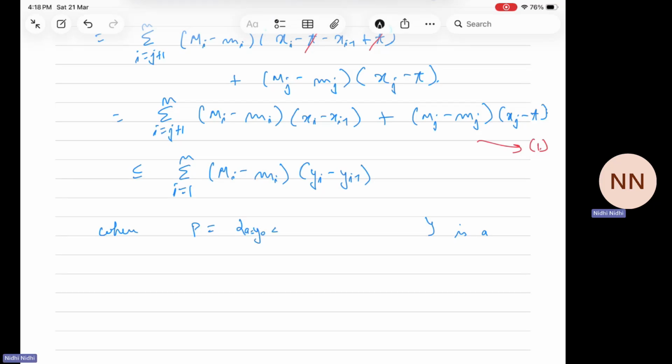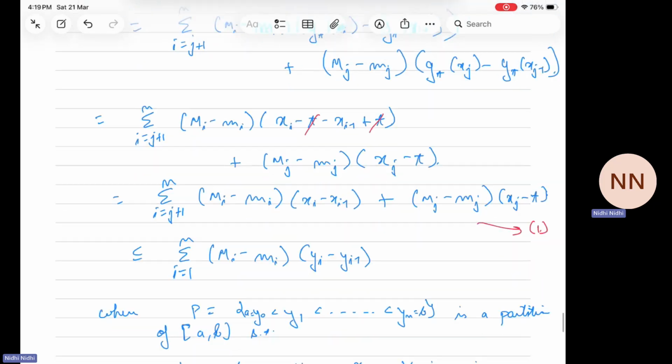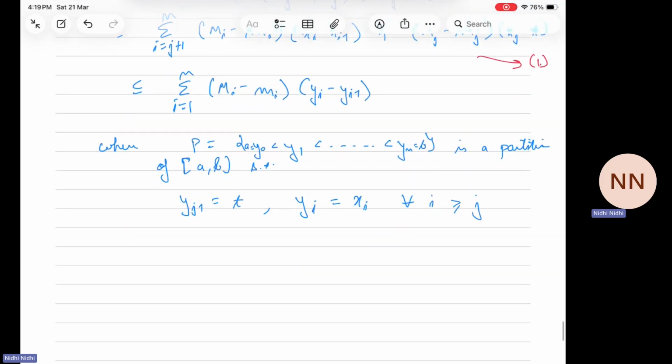This is a equals y_0, y_1, so on up till y_n equals b, a partition of this closed interval [a,b], such that the (j minus 1)th element is equal to t and y_i is equal to x_i for all i greater than or equal to j. The rest of the terms included are just some positive terms, so obviously we can get this less than or equal to.